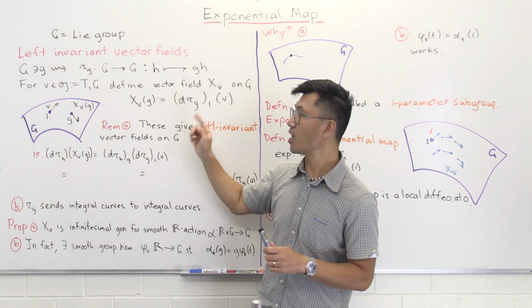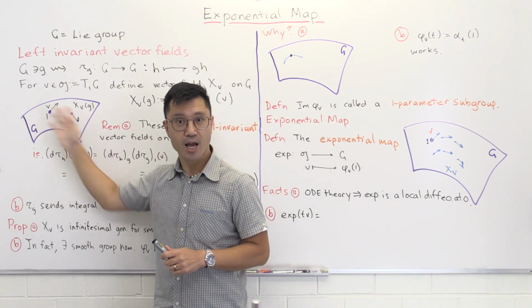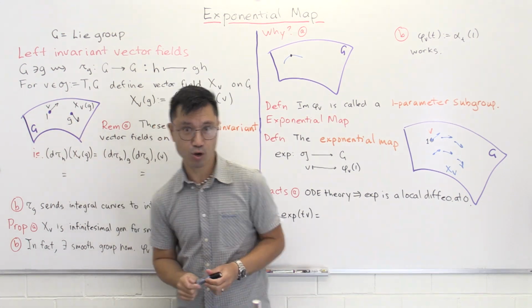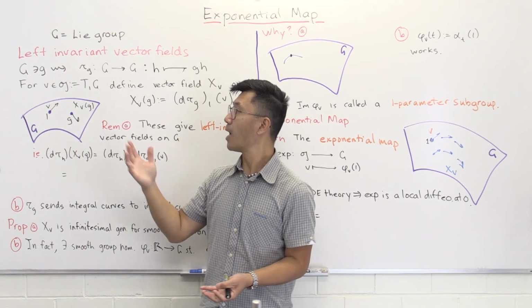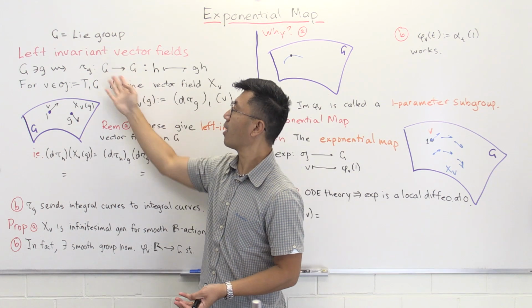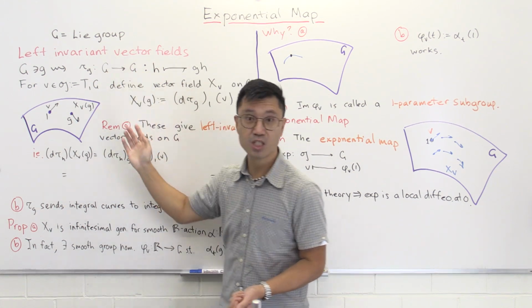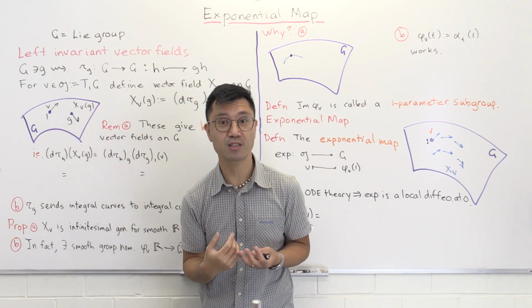And as we vary the g, you'll get a vector at every tangent space of this Lie group, and hence you get a vector field. And because the group multiplication is smooth, this will actually be a smooth vector field.